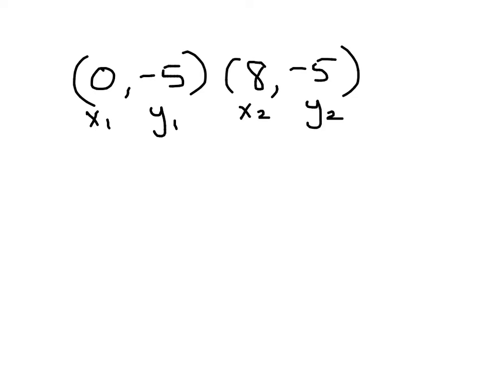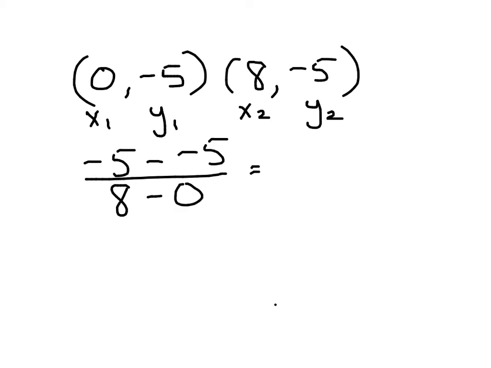So what number is where y2 is? -5. -5, good. Minus, what's y1? -5. Over, what's x2? 8. Minus 0.